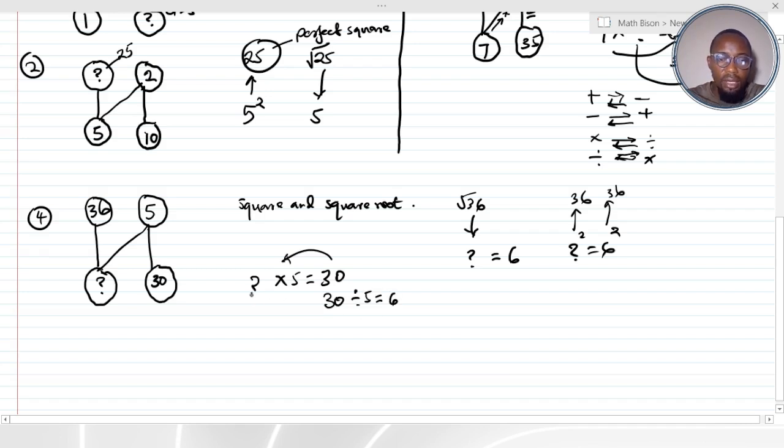So this question mark represents this number 6. So to check, 6 times 5 should give us what? 30. So the answer here is 6. All right.